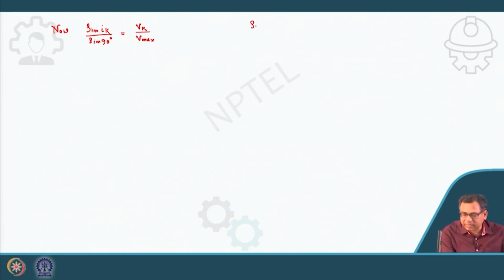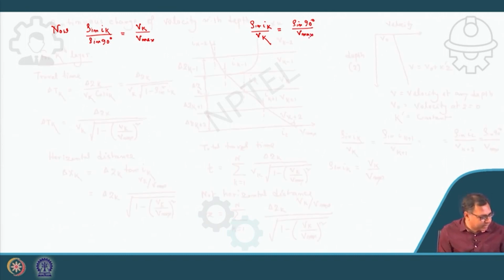Now if I write sine i_k by sine 90 degree, that is equal to V_k by V_max, or the other way, sine i_k divided by V_k we can write as sine 90 degree by V_max.